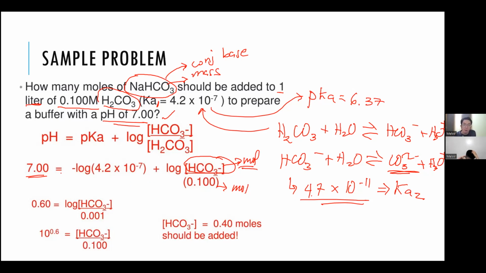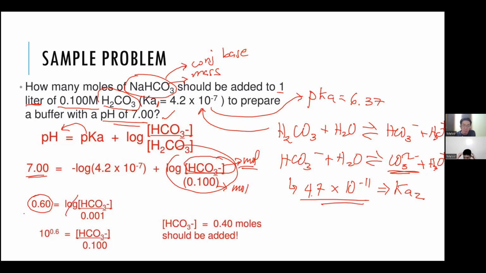Simplifying the equation, let's say 6.37, or 6.4, ita-transpose mo lang, magkakaroon ka ng difference ng pH minus pKa, which is 0.6, equals logarithm nito. And then, to remove the logarithm, i-antilog mo siya, no?